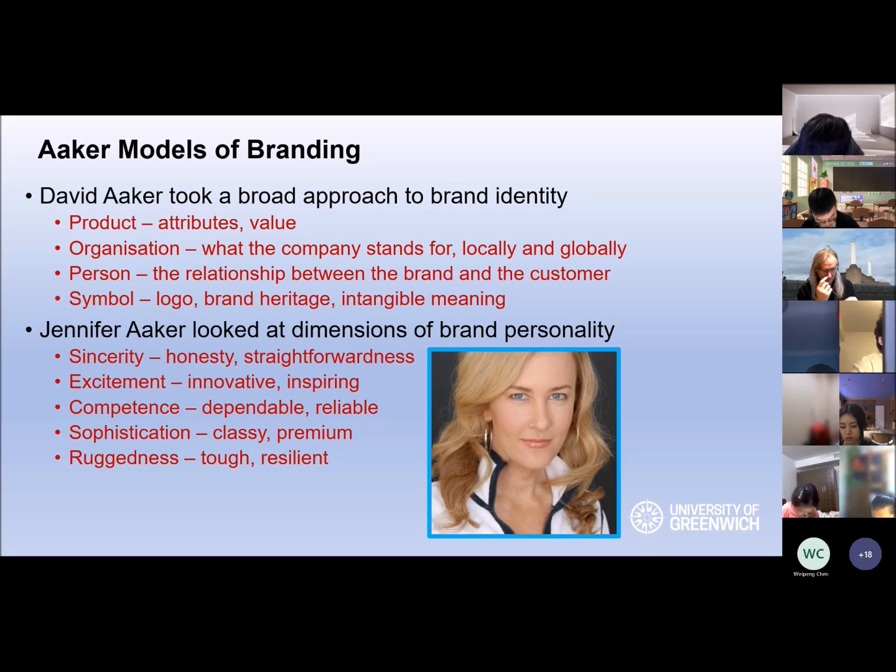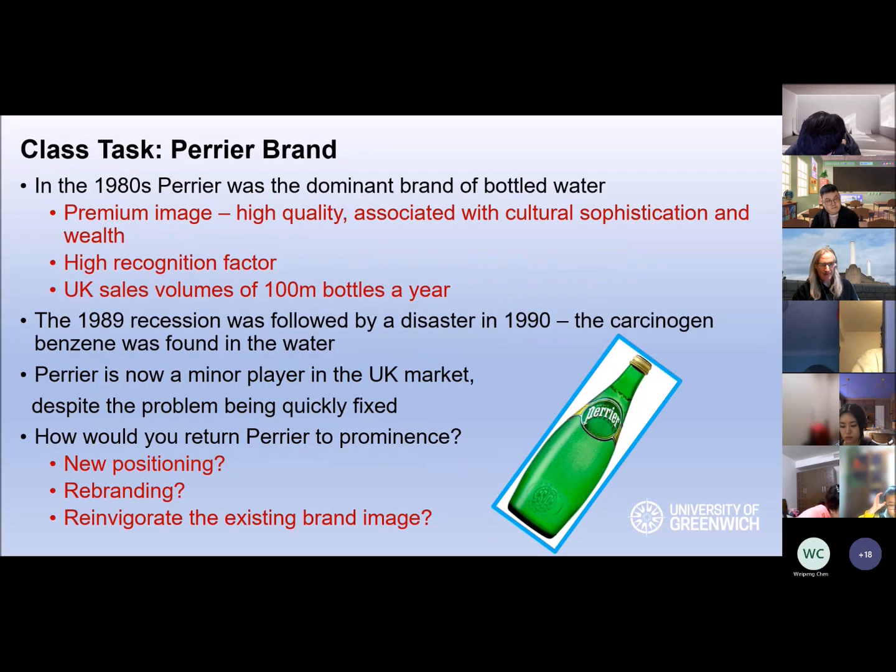So some brands like, say, Rolex, very rugged. I don't know about sophisticated. Not so sophisticated, very competent. Excitement, I don't think a Rolex is particularly exciting. They don't really innovate, do they? Whereas Apple would be very high on excitement, and high on sophistication, but not ruggedness, I don't think. I don't think an Apple Watch is known for being tough or resilient.